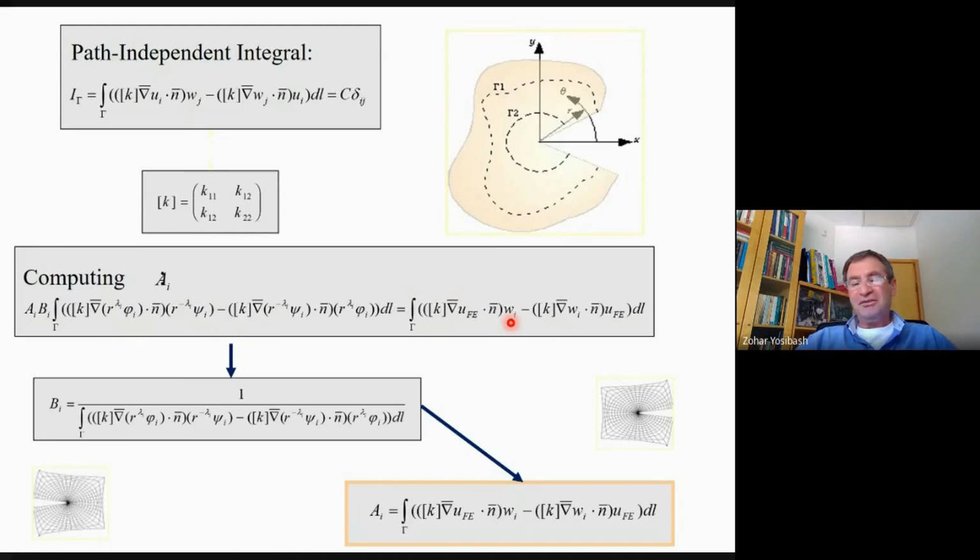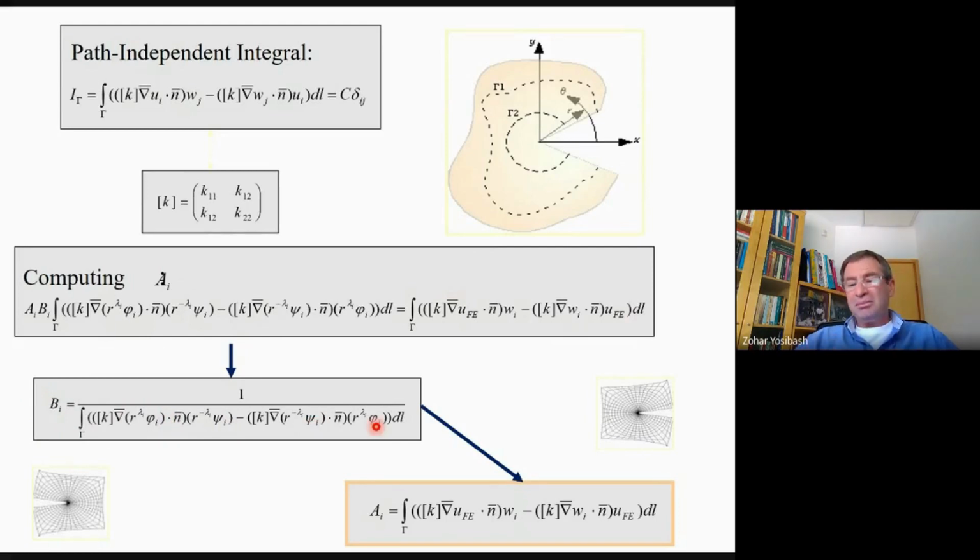So for example, if I am interested in A1, I will take the dual solution associated with lambda 1. And when I plug in here this term, I will get exactly A1, having this B1 taken as a given number. It's simply a number.